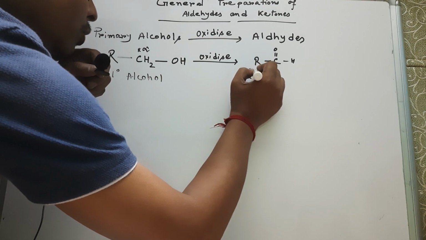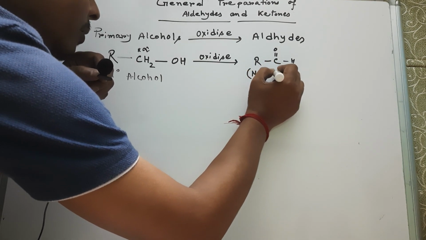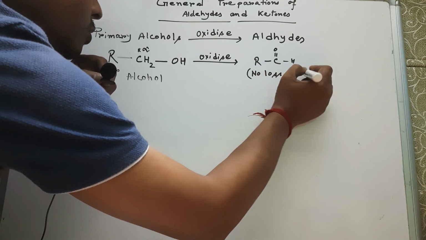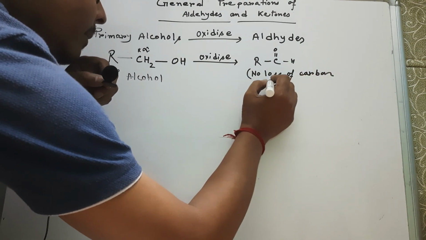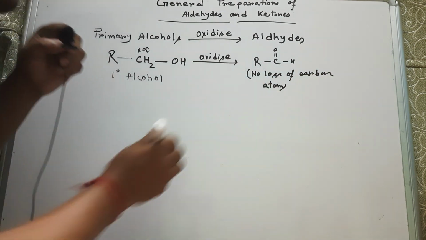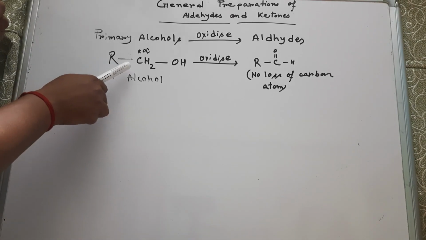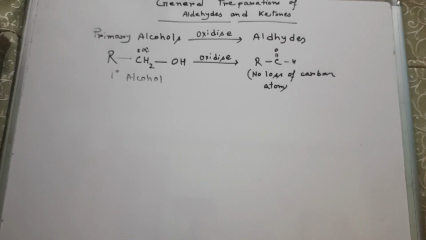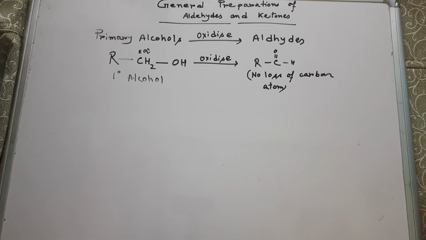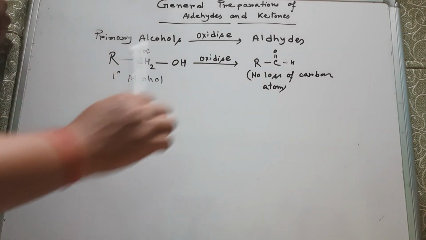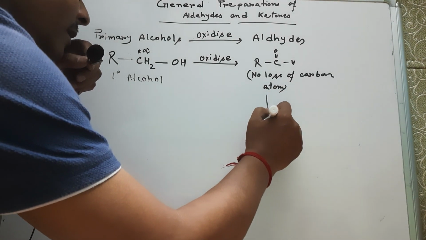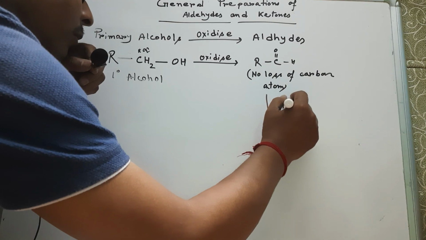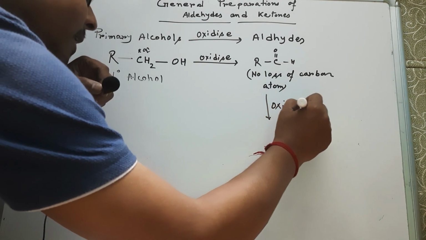And one thing, no loss of carbon atom. Remember, no loss of carbon atom. The number of carbon atoms present in this 1 degree alcohol is the same as that present in the molecule of aldehyde. Okay, and if you again oxidize this, you will get carboxylic acid.